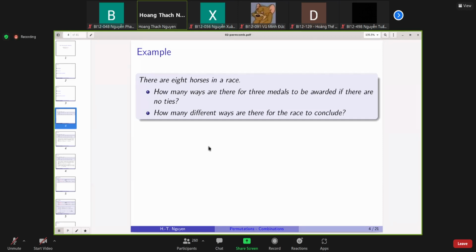Okay, can you see? In fact, you can use the simple product principle, the product rule that we have seen last week, to answer this question. Since we suppose that the results are random, you can propose a procedure to determine the first 3 winning horses.